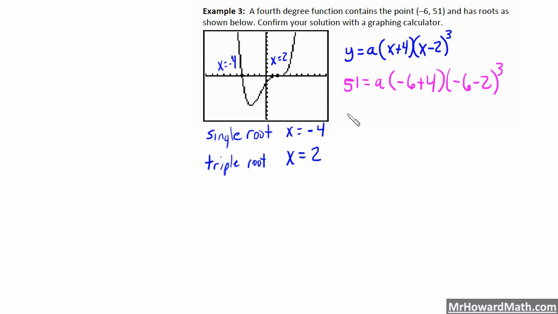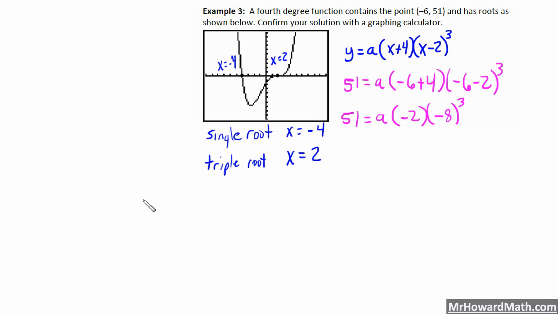Alright, so let's work that out. That gives me 51 equals a. Negative 6 plus 4 is negative 2. And then we have negative 6. Let me redo that. Negative 6 minus 2 is negative 8. And that's going to have to be cubed.